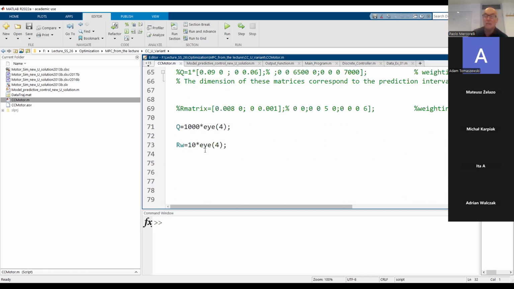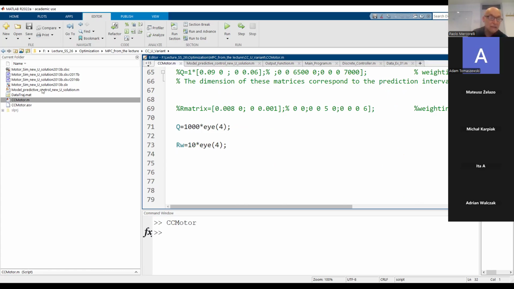At the end, the matrices Q and R W represent the weights. Run the values. We can see the values here on the right.